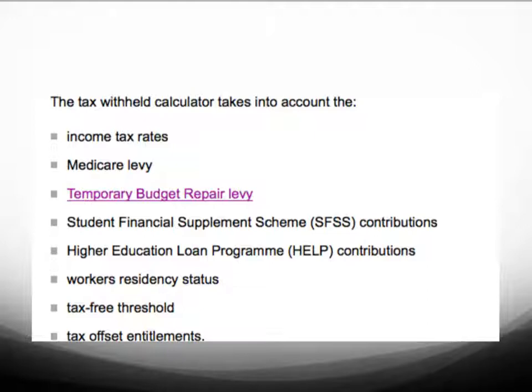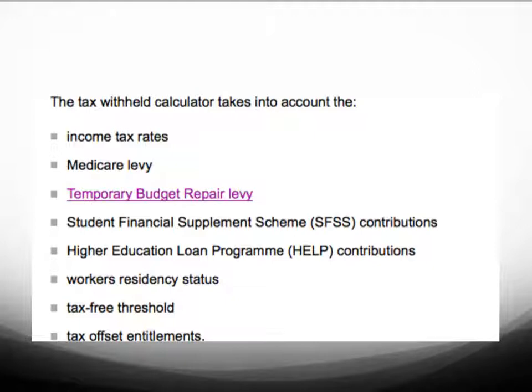The temporary budget repair levy is a new levy which the recent budget provides for, and that's a levy or a tax that people who earn over $180,000 a year have to pay.